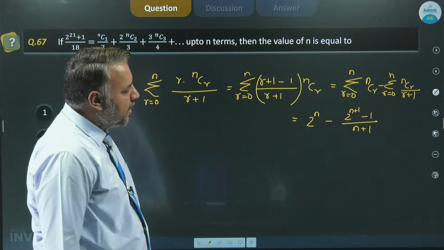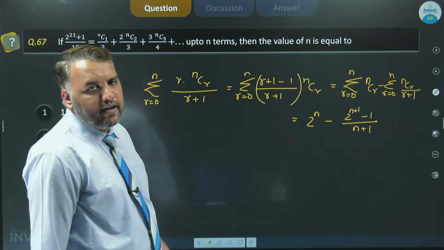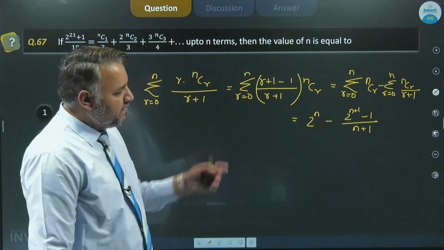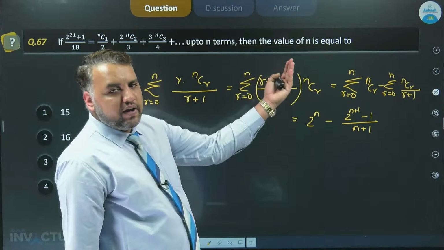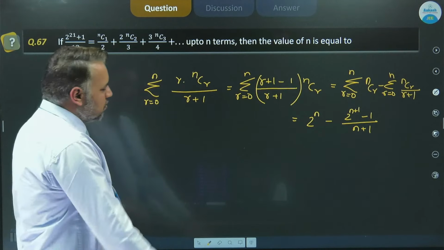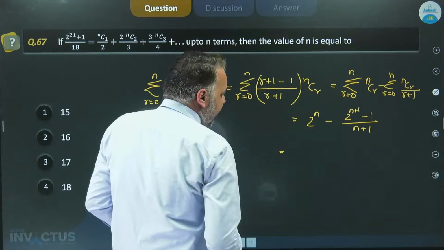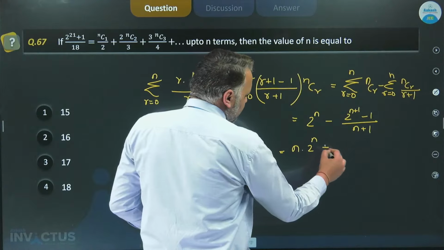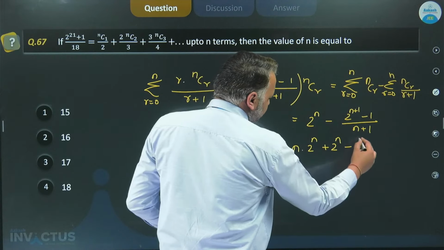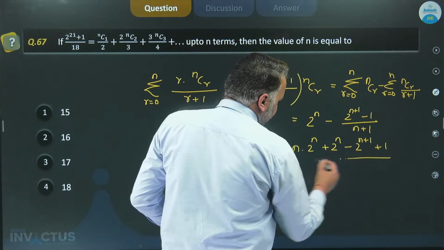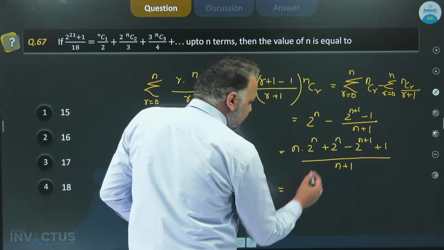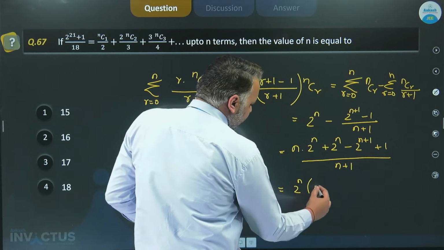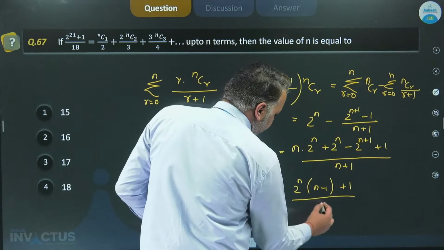Okay? You know, direct results. Or you can simply solve this by multiplying n plus 1 or dividing n plus 1, so that will convert into n plus 1 C R plus 1. So now first simplifying this, this will be n into 2 power n plus 2 power n minus 2 power n plus 1 divided by n plus 1. And this is nothing but taking 2 power n common, this is n minus 1 plus 1 divided by n plus 1.